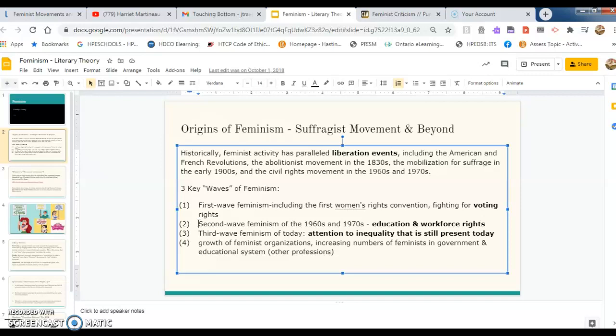So now we have the third wave of feminism, which is that while women have become people in society and women have fought for the right to education and to be able to be in the workforce, and that it is against the criminal code of human rights and privileges within Canada that you cannot be denied a job because you are a woman.